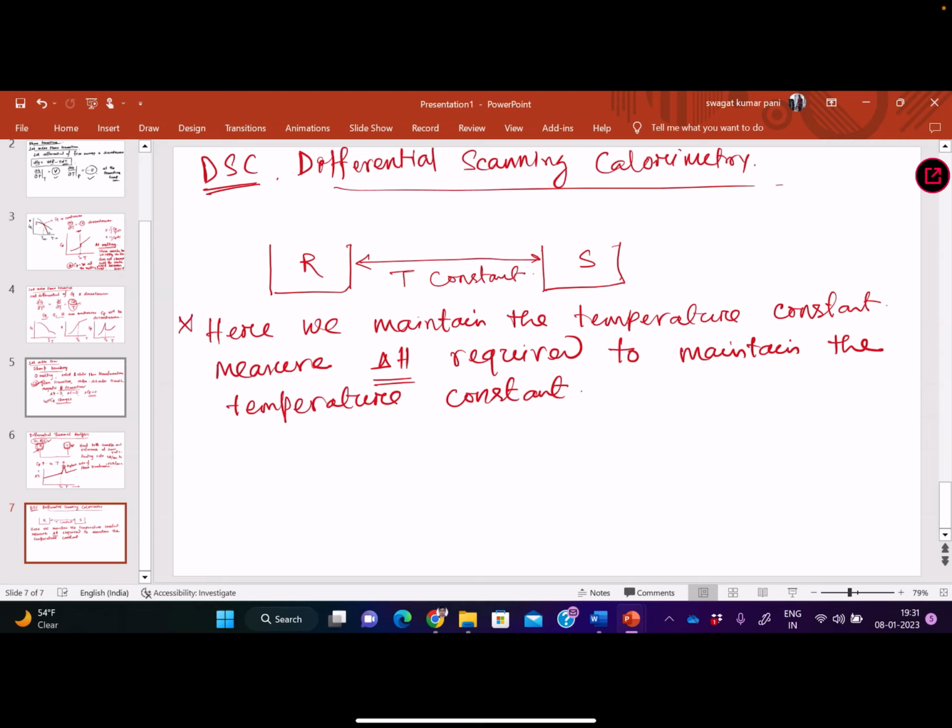Remember this point, we have to maintain the temperature constant, and we measure what enthalpy change is required for both the materials to maintain the temperature the same for both reference and sample.